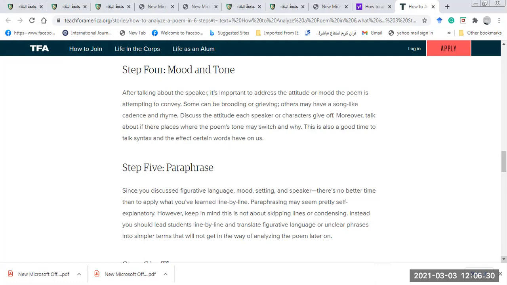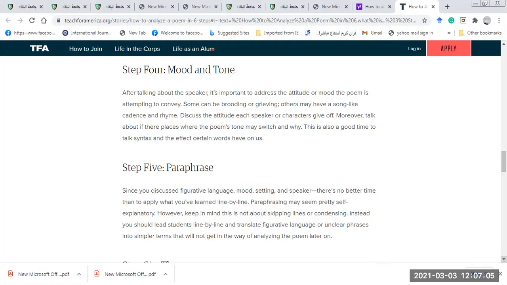Of course, there is no better time to apply what you have learned line by line. Paraphrasing may seem pretty self-explanatory. However, keep in mind this is not about skipping lines or condensing. Instead, you should try to understand this line by line. And if there are figures of speech, like similes and metaphors, try to understand them and explain them in your own words.